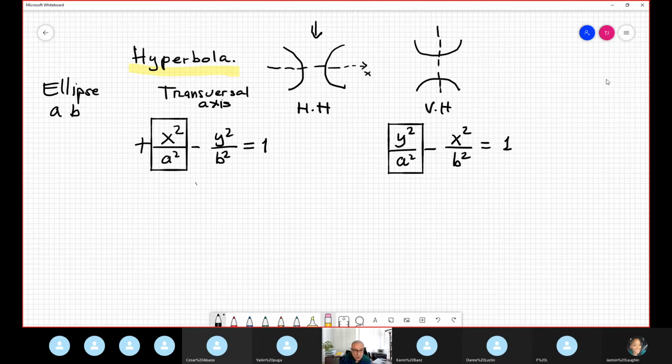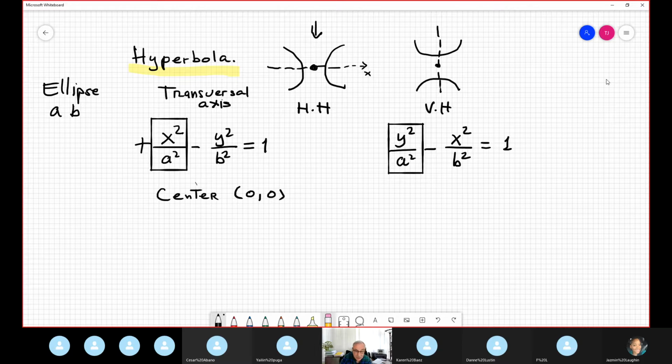This is the equation when you have no translation, which means you suppose that the center, look here, this is the center, is located at 0,0.